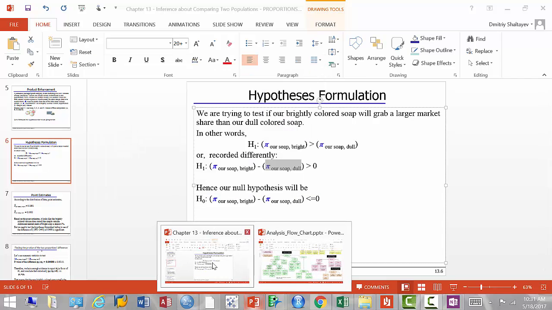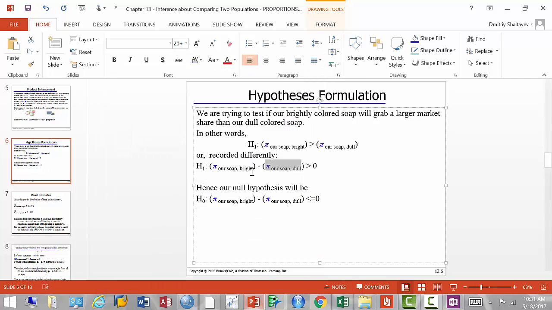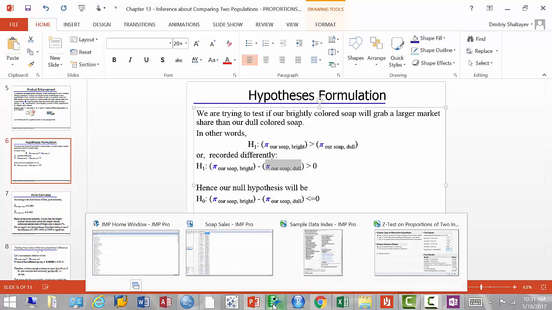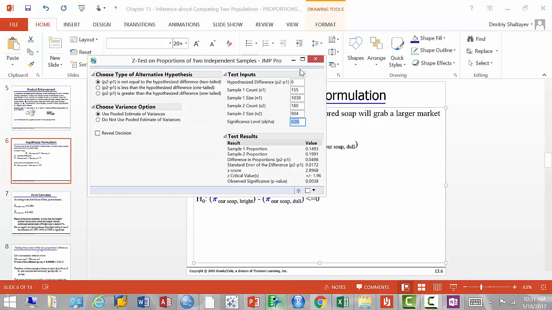Well, let's go back and see. So we're testing bright minus the dull market share is greater than 0, right? So going back to JMP, that's my 0. That's what I hypothesized difference must be. And alternative is greater than the hypothesized difference, right? And that should be it.